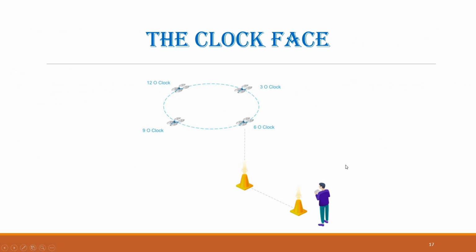The clock face. The clock face maneuver is designed to improve your directional awareness and control precision. Begin by positioning your drone over the central cone, which will represent the 6 o'clock position. From there, rotate the drone 90 degrees either to the left or the right, depending on the direction you wish to travel.